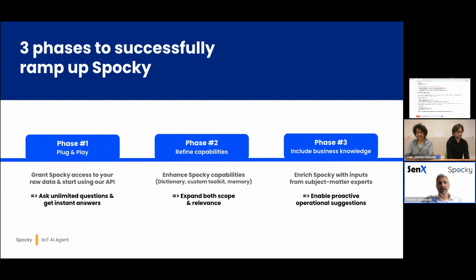Then phase 2 is about enhancing Spocky's capabilities in order to expand the scope and the relevance. And the last phase is about including business knowledge to get to predictive maintenance and to enable Spocky to be very proactive in many ways.